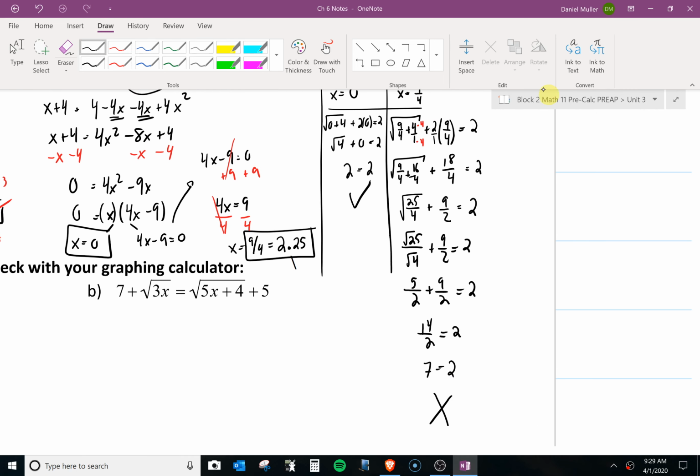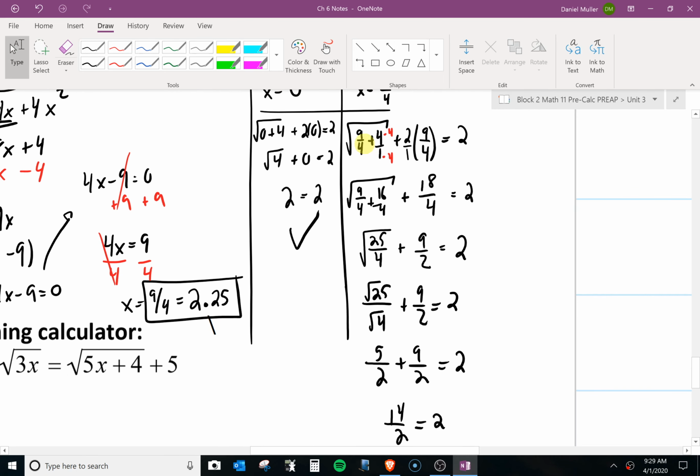So let's recap that here. I had to put 9 over 4 in, plus 4. 2 times 9 over 4 is equal to 2. And I needed a common denominator to add fractions. 4 times 4 is not 8, it's 16. And when I added those, 9 plus 16, I get 25, which I can split up into two separate ones, 25 and 4.